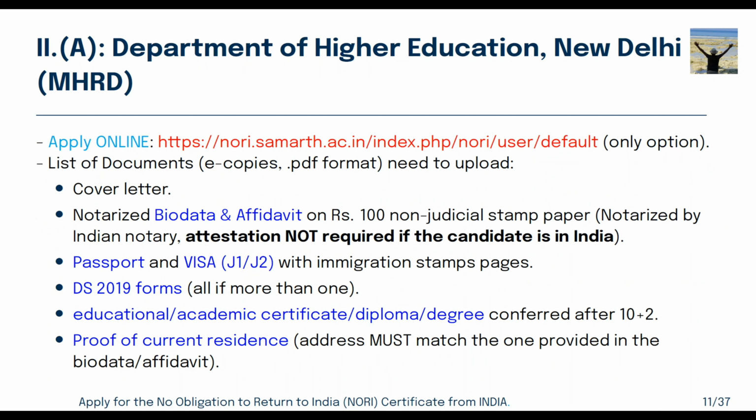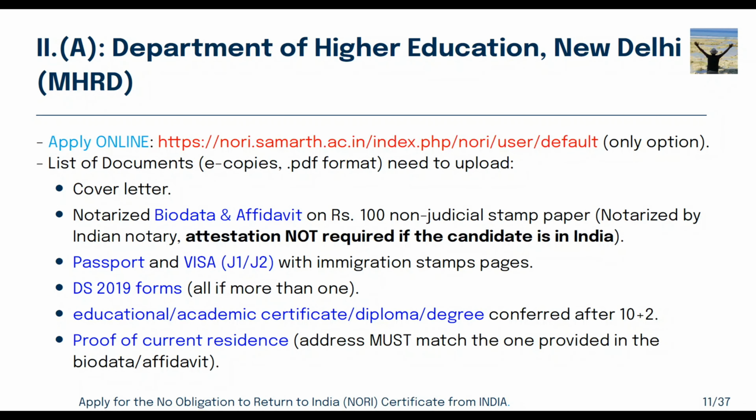The following documents will be required, as you can read: cover letter, biodata, and notarized affidavit, which you have to scan and upload. Passport, visa, J1 and J2, and all the DS-219 forms, whether expired or currently valid. You have to upload all of them, plus educational academic certificates after 10+2.